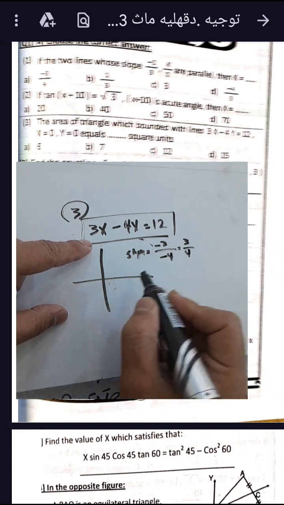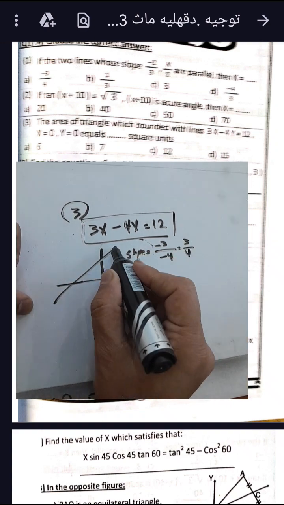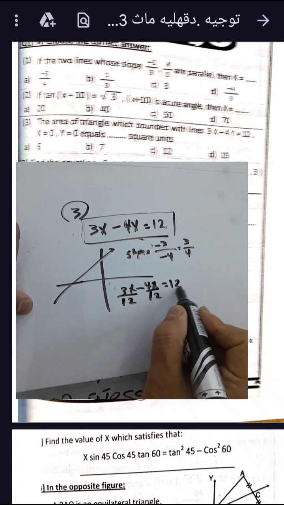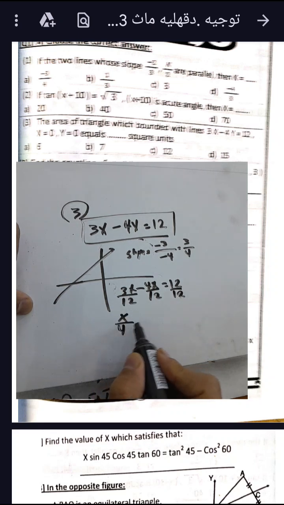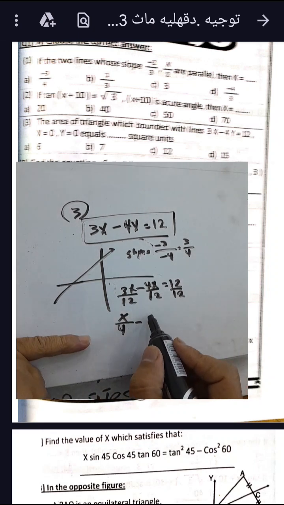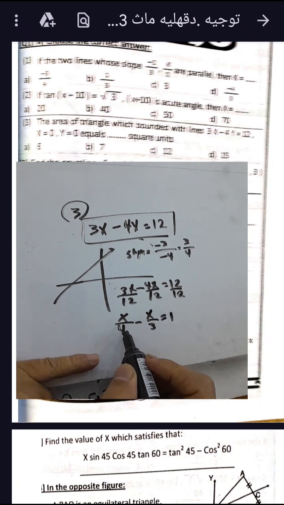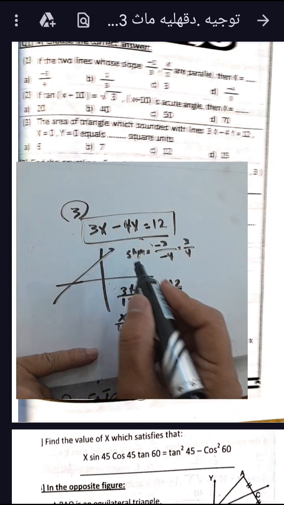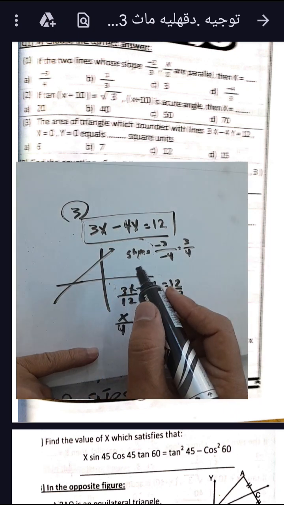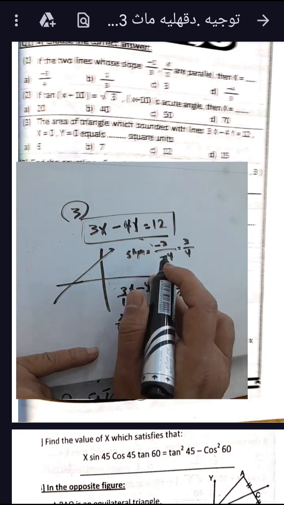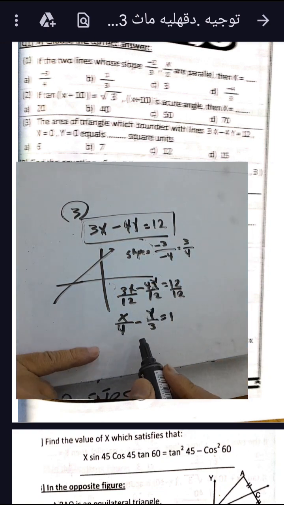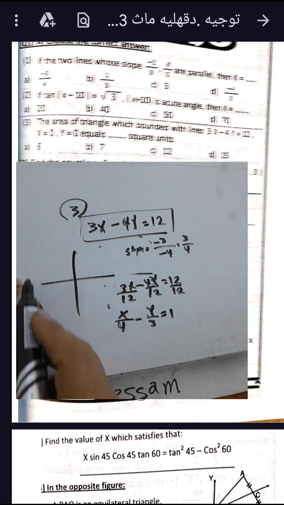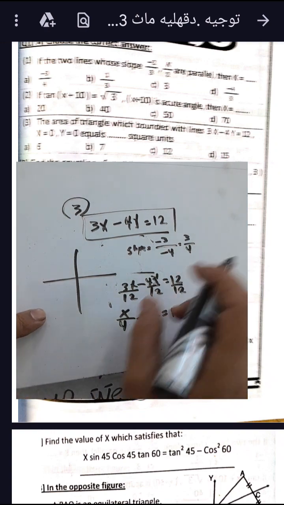And 3x minus 4y equals 12, we can divide by 12, and the result will be x over 4 subtract y over 3 equals 1. It cuts 4 parts from the x-axis, and here it was y, okay, cuts negative 3 from the y-axis, and the slope here is positive, so it will be increasing.